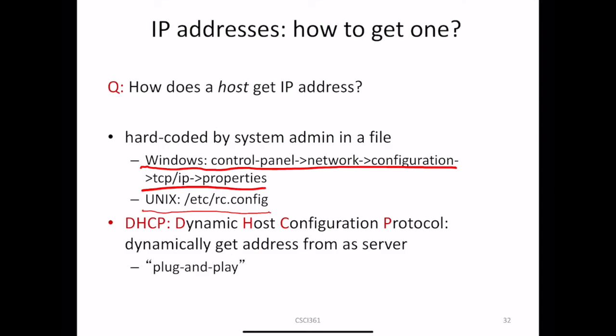So there's no interaction with the network administrator or the end users. As long as you plug your computer into the internet, you will get an IP address from the DHCP server.